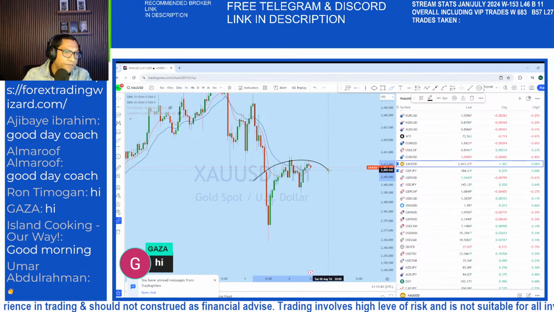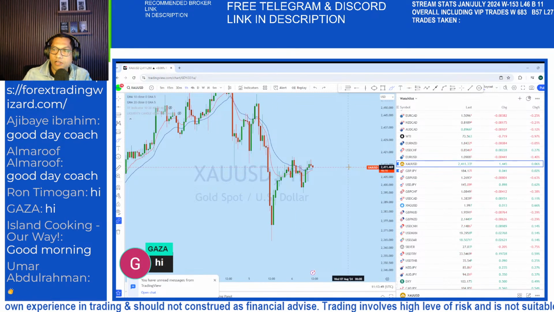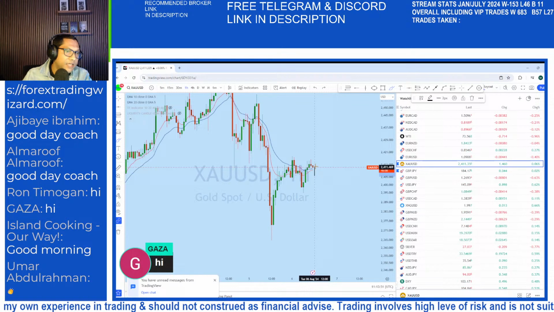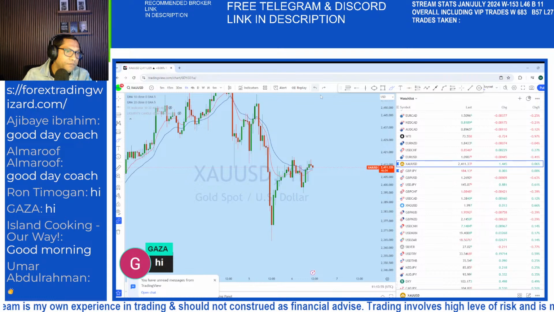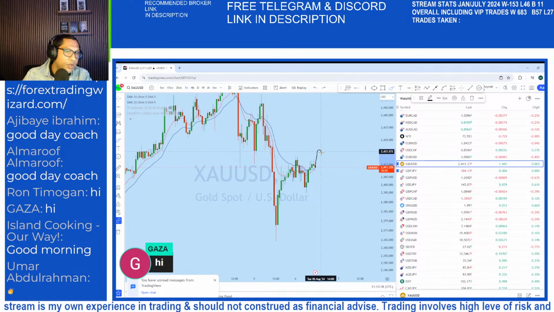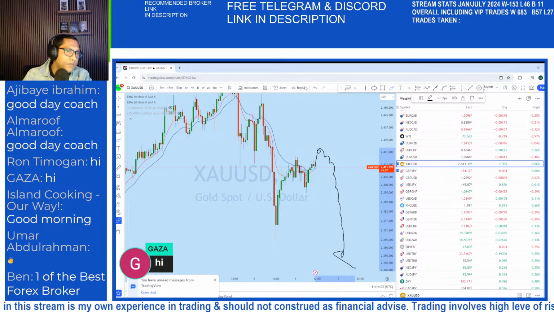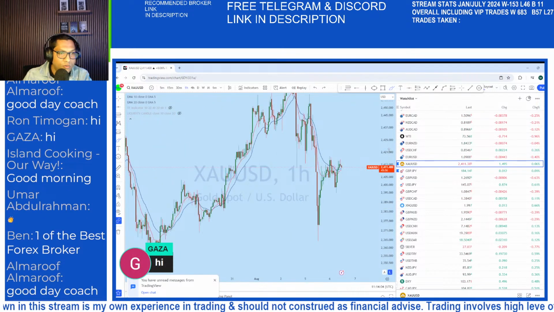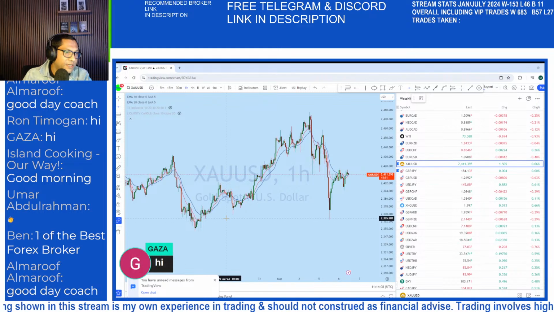Okay, so you can see there is a semicircular pattern that may form, and if any, the price going up for any kind of liquidity grab. Okay, so any kind of liquidity grab is where we can expect for the market to drop down to this support level. That's what I'm expecting.